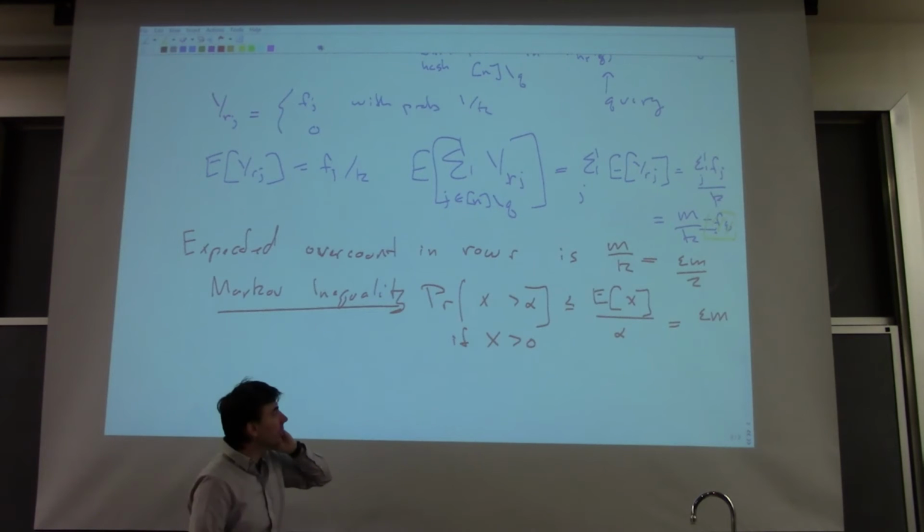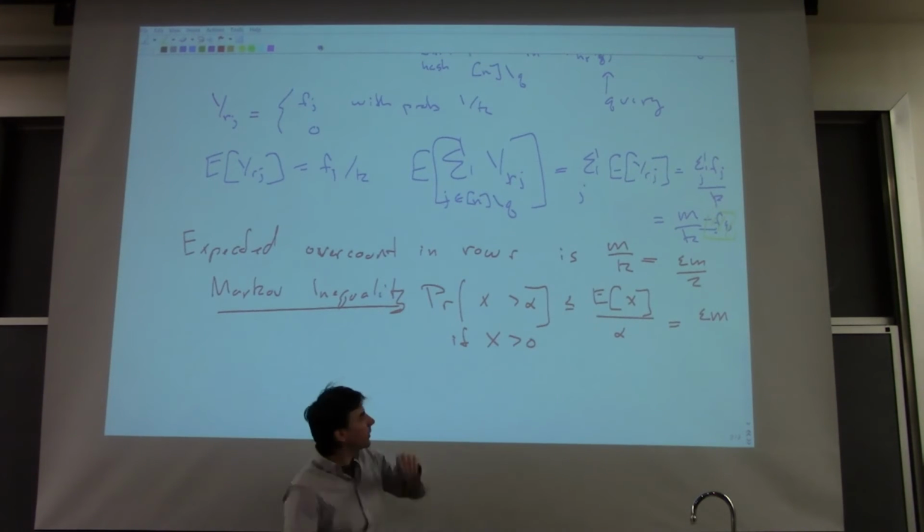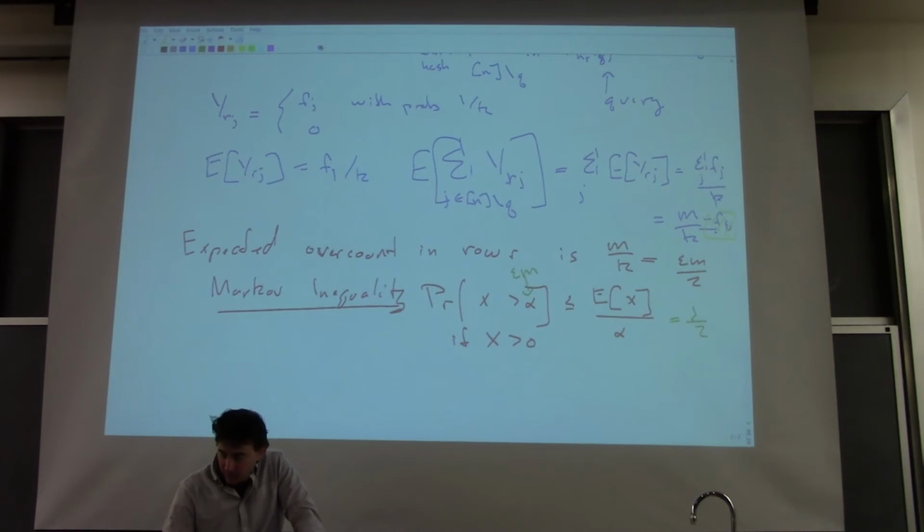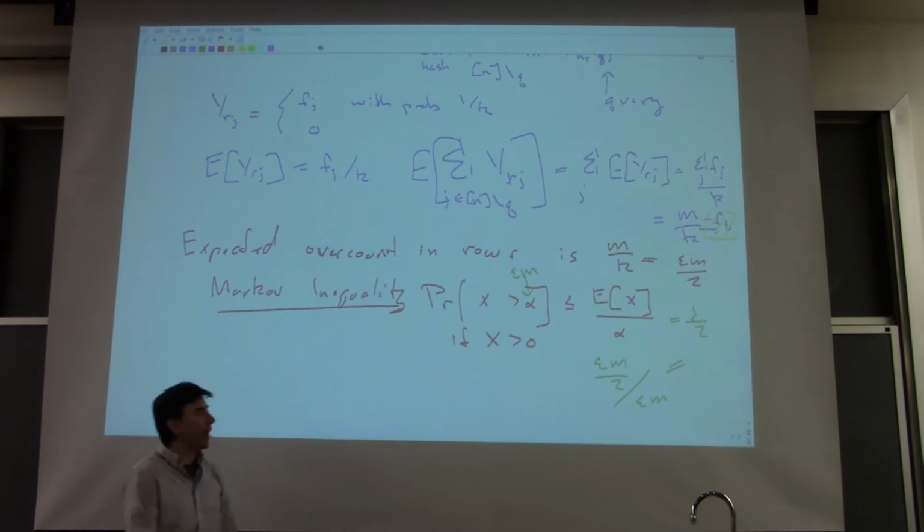We want the probability to be 1/2, and we're going to set this to be 1/2 by setting alpha to be epsilon m. And this works out because the expected value was epsilon m over 2, and this was divided by alpha, which was epsilon m, and that's going to equal our 1/2.